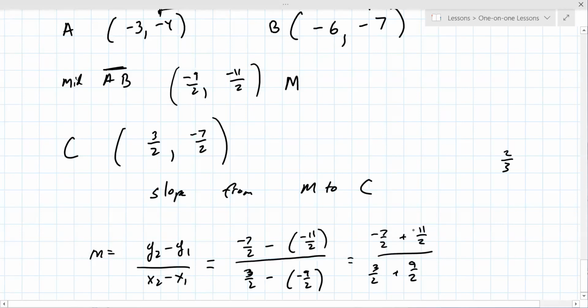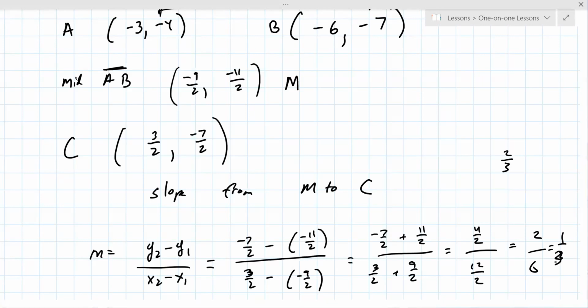So the top becomes 4/2, which we know is 2. The bottom becomes 12/2. We know that that's 6. So I get 1/3. Oh, I thought the 3/2 was negative.